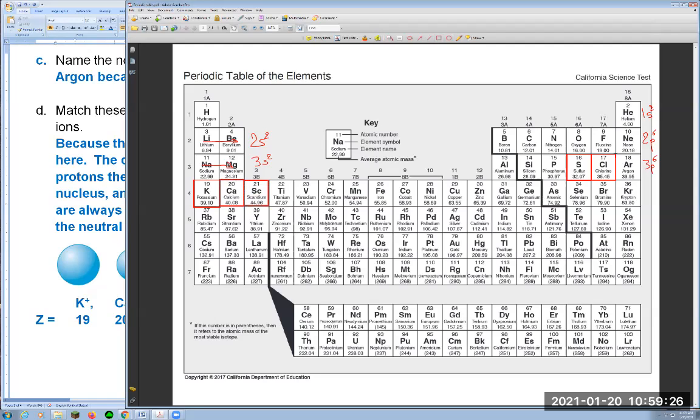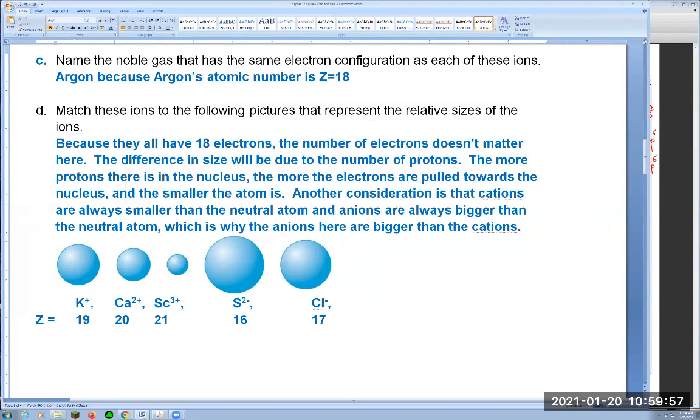So you know that normally the size decreases from left to right in a period, and then it increases going down. But here, scandium will be the smallest of the ions, scandium 3+, then calcium, then potassium, then you would have argon, and then chloride and sulfide. So that's the number of protons here that matters.